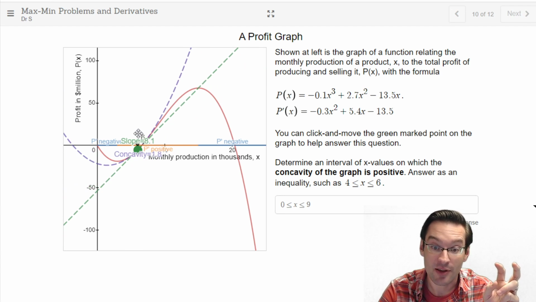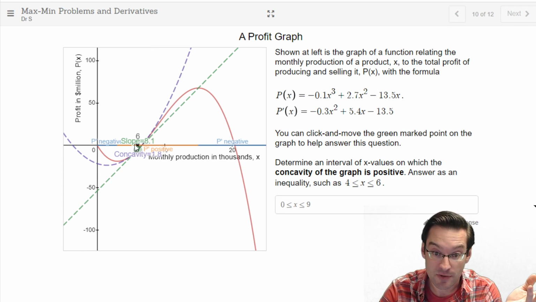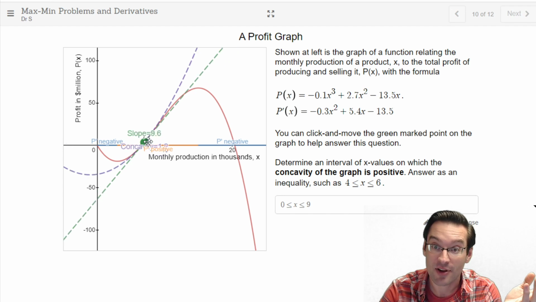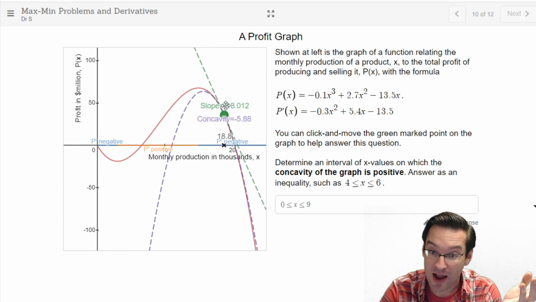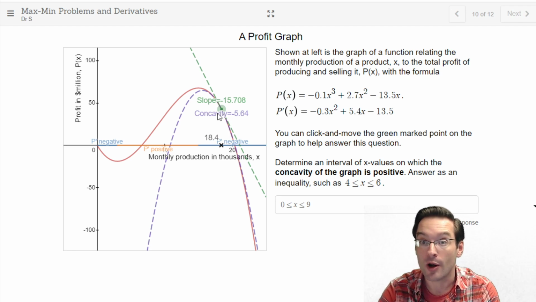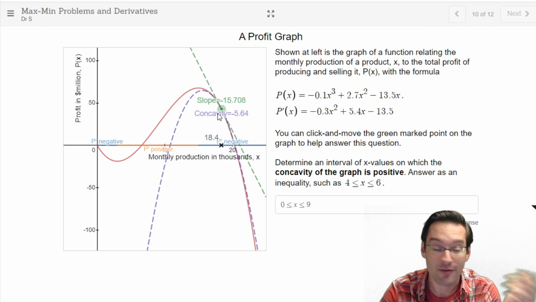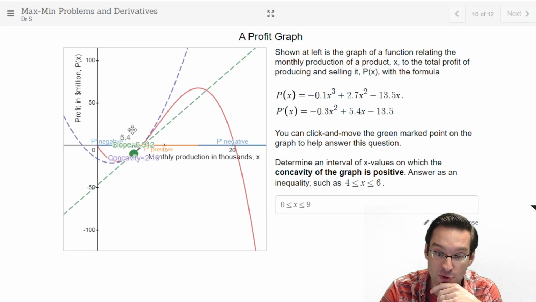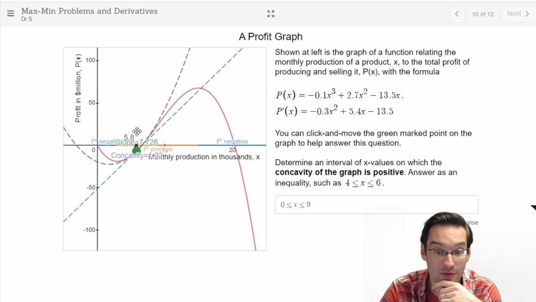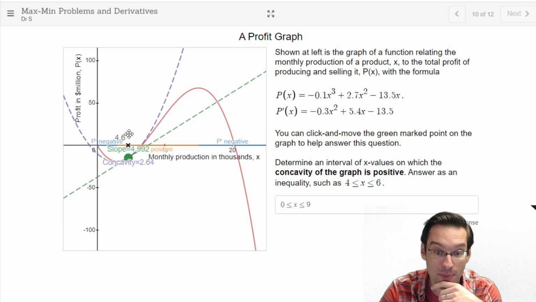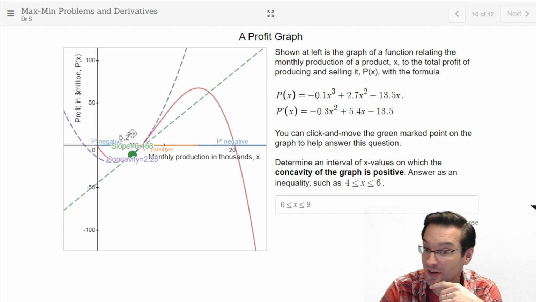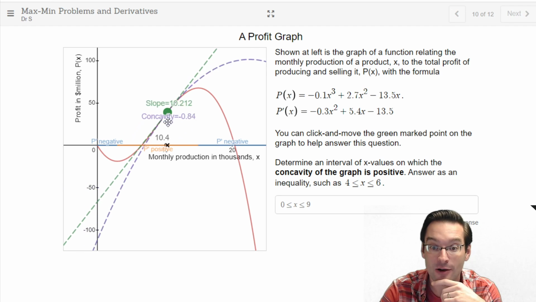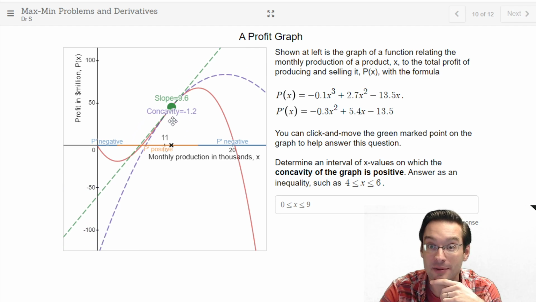One way to think of it is if it were to rain on top of this graph, the rainwater would actually collect here where the graph is concave up, whereas where my graph is concave down, over here the rain would all run off of those portions of the graph. Another way to think of it is if you're driving a car along this graph from left to right, we're concave up when the wheel of our car is turned to the left, and we're concave down when the wheel of our car is now turning to the right.